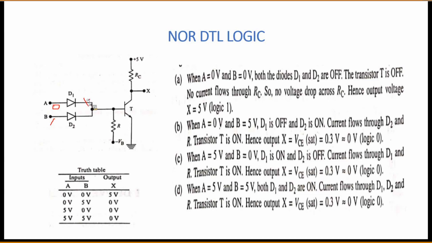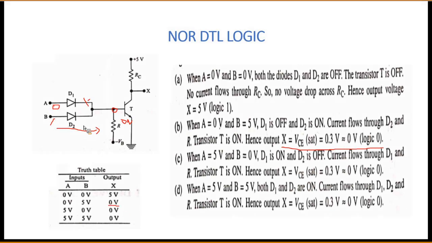There is no path there. Since D2 is conducting, the voltage is available at the transistor. 5 volts is given to D2, which is available directly to the transistor base, so the transistor will be driven into on state. If the transistor is on, what is the output voltage? It is equal to VCE SAT, that is equal to 0.3 volts. It is given here. 0.3 means logic 0.